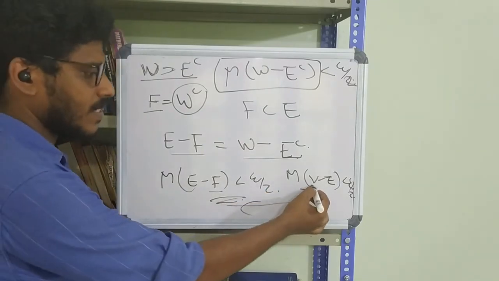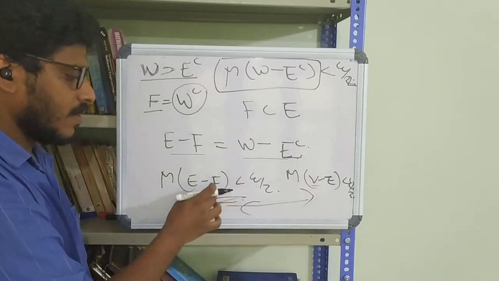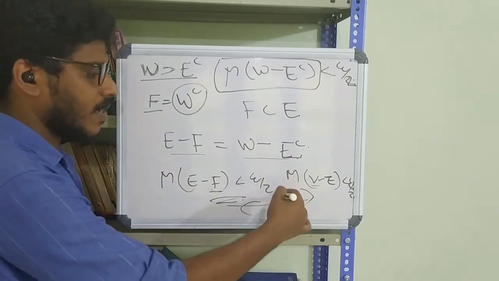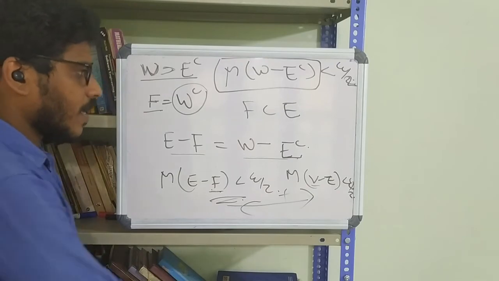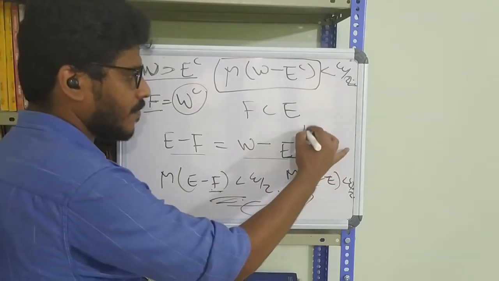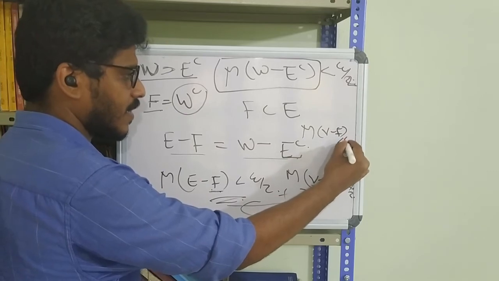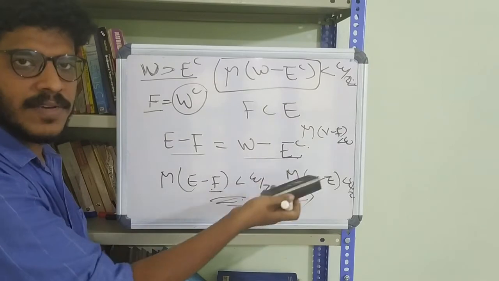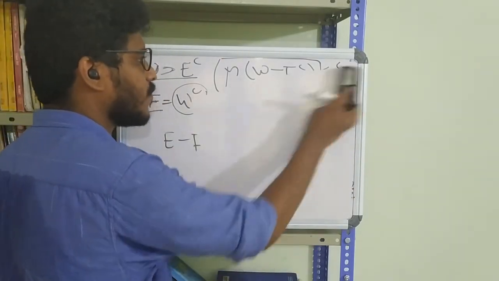We got 2 sets, V and F. V is open and F is closed, and you can use the additivity property to claim that measure of V minus F is less than epsilon, which is what we wanted to prove. Okay, so that's how the proof of the first part works.